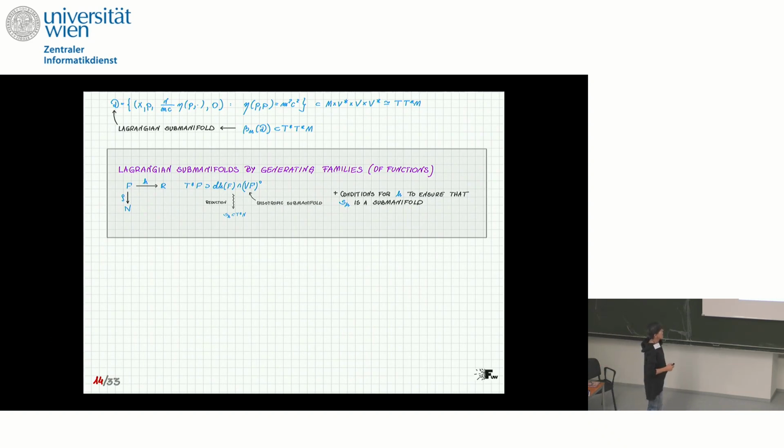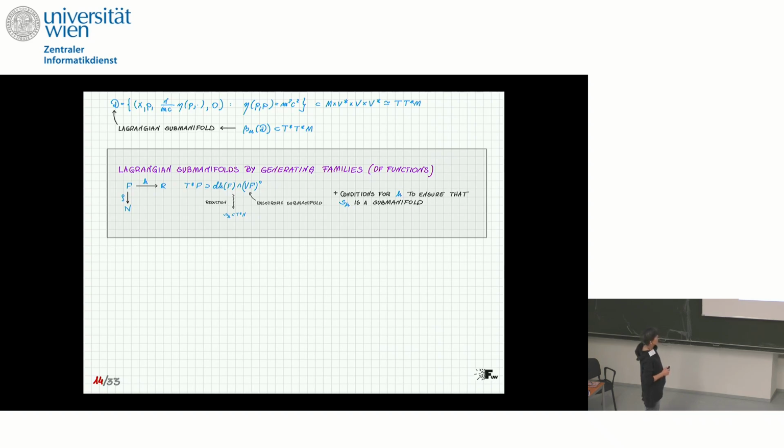In general, we can try to generate a Lagrangian submanifold on T star N, starting from a function which is defined over the total space of some bundle over N. And the procedure is the following. We take the differential of this function and we intersect it with the annihilator of vertical vectors.